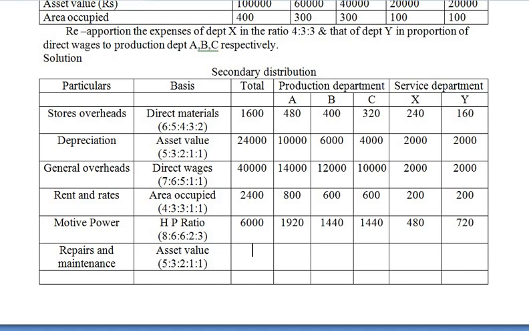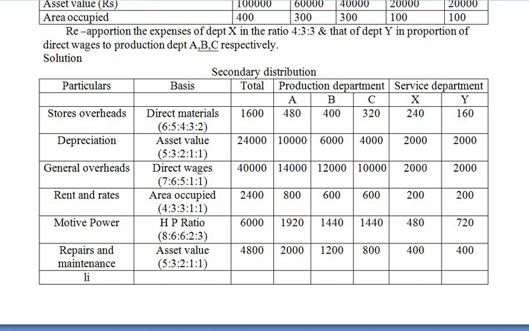The repairs and maintenance amount is 4,800. Distributed, that will be 2,000, 1,200, 800, 400, and again 400. Okay, hope everybody is understanding the distribution.